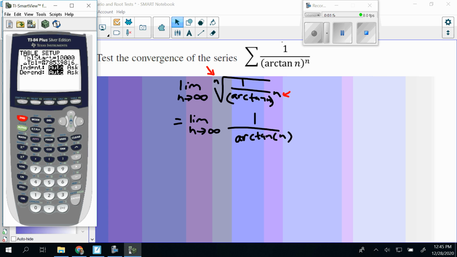So now I'm going to go to my table. And it looks like this is equaling 1.5707. What's that trying to approximate here? 1.5707 is our approximation. I know this is talking about an angle if we're doing inverse tangent or arctangent here. So if it's an angle in radians, that means pi is a part of that.